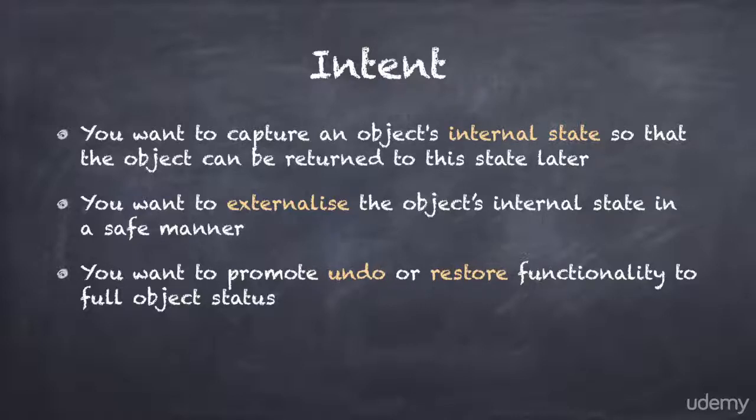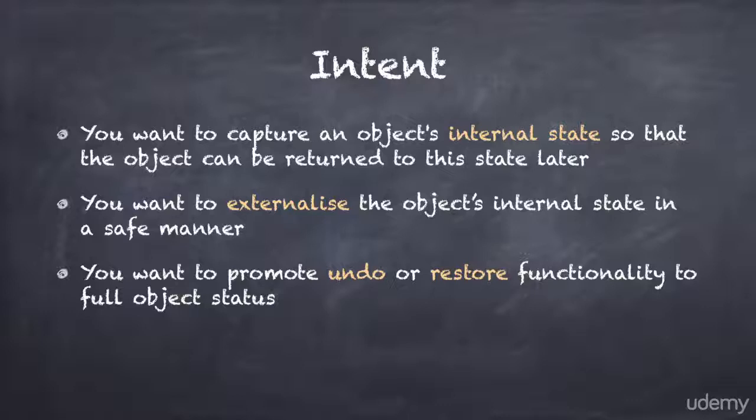However, this poses a problem if I want to implement an undo or restore operation. An application architecture with undo capability needs to keep a history list of all prior object states. The history list is owned by another object, called the caretaker.